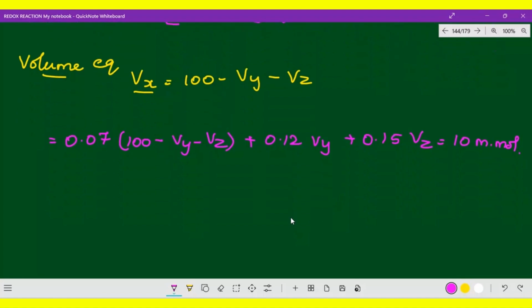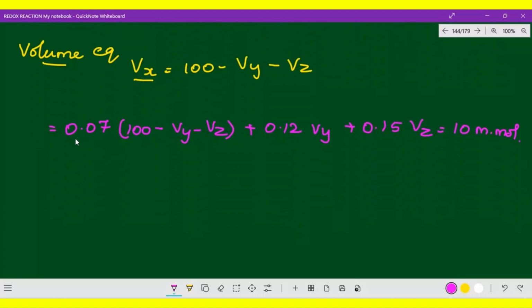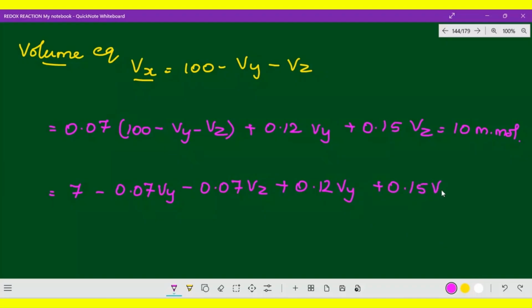Now let us calculate this. 0.07 into (100 minus Vy minus Vz) gives 7 minus 0.07 Vy minus 0.07 Vz, plus the same 0.12 Vy plus 0.15 Vz, equal to 10 millimoles.